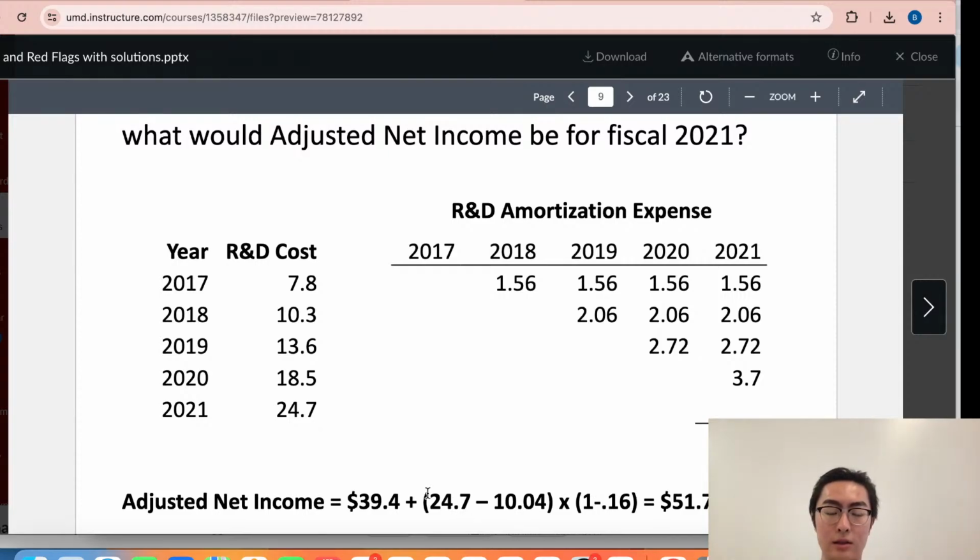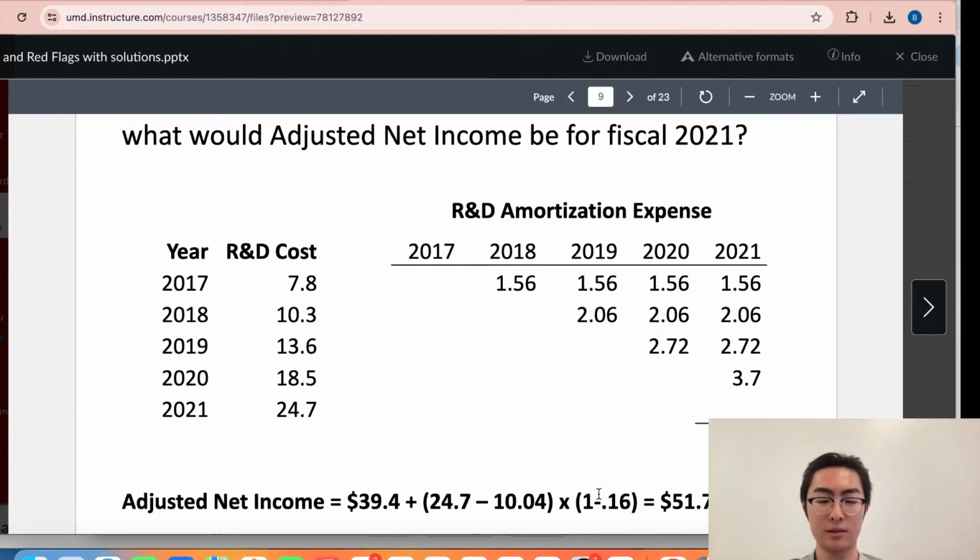This is the same thing as taking the benefit and subtracting the benefit times the tax rate. Oh, maybe it's the idea that this benefit also gets taxed as well. Because at the end of the day, we're still looking at net income. So just adding it back wouldn't make any sense.